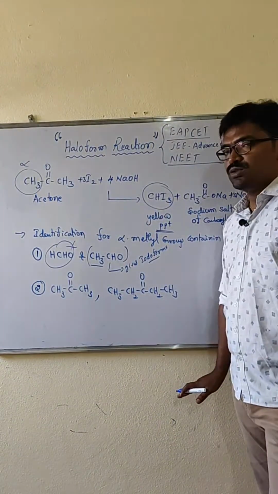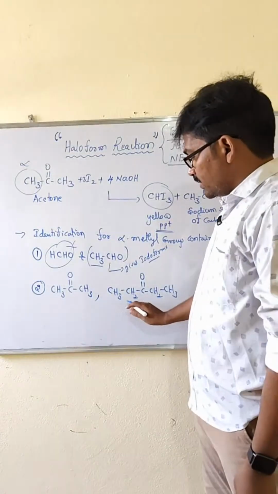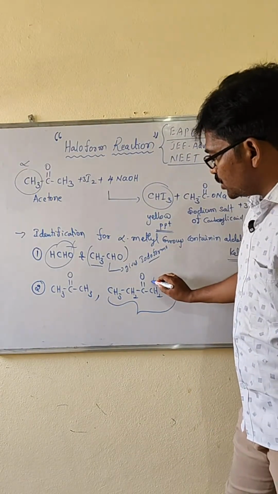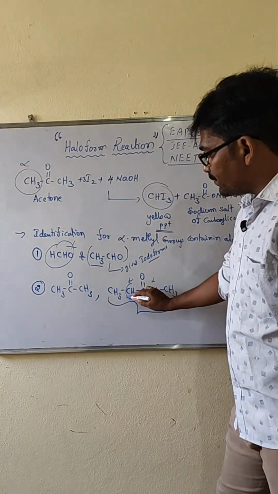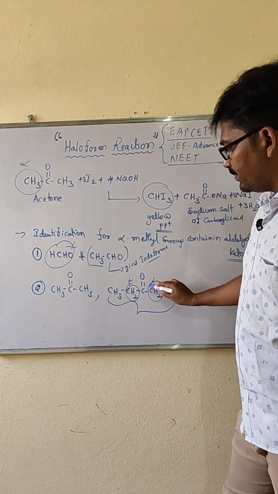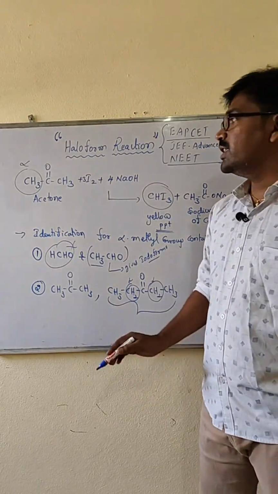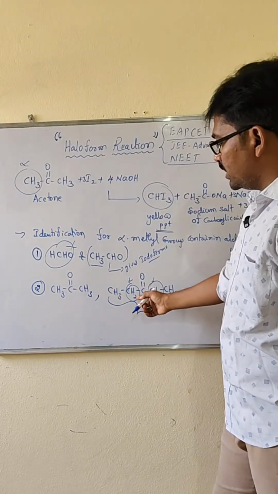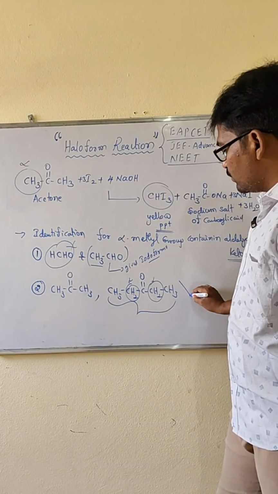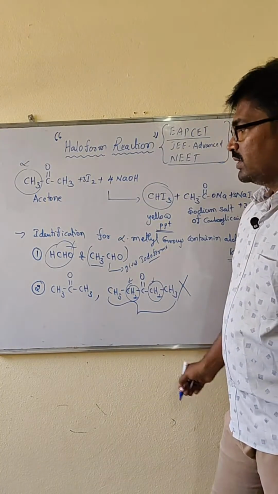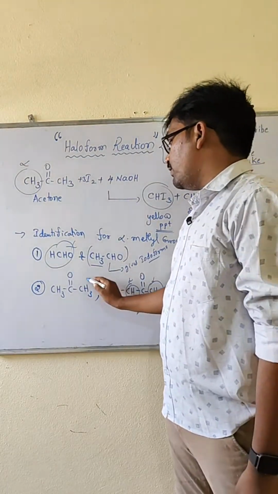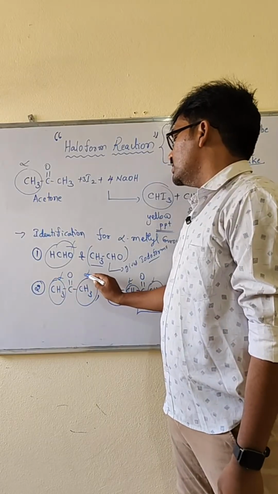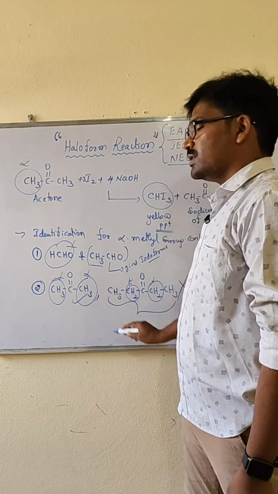If you observe both, in 2 pentanone at the alpha position there is only CH2, no CH3. It is at the beta position. What we need is at the alpha position. Since there is no CH3 at the alpha position, it won't give the iodoform test. In the other one, CH3 is at the alpha position, so it can give the iodoform test.